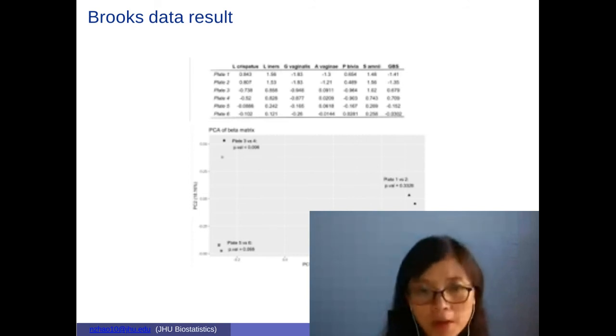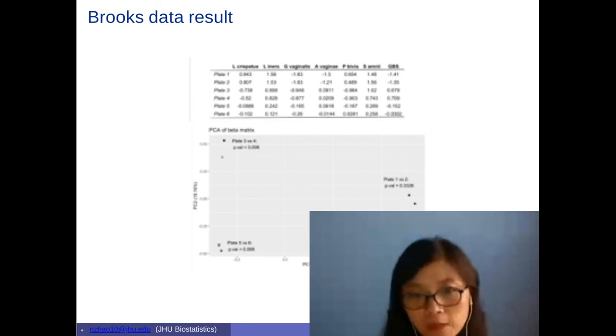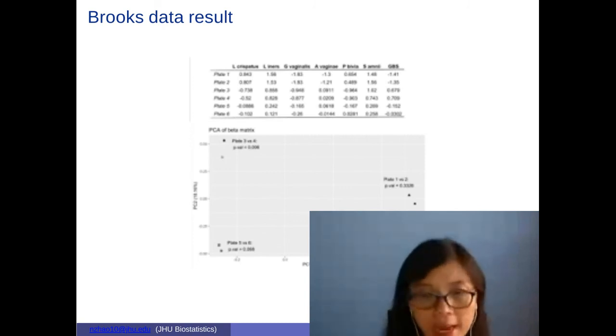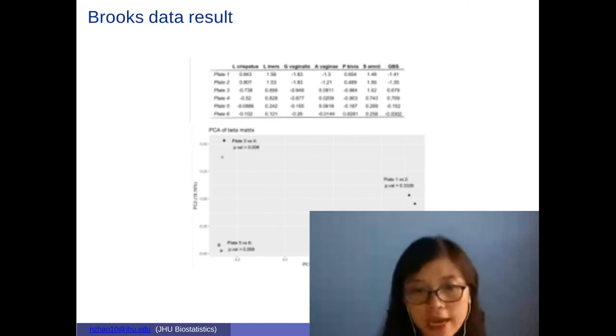And when we plot them in the principal component analysis, you can think of it as plates that are closer together being more similar with respect to their beta estimate. And we do see that plate 1 and plate 2 are similar, plate 3 and plate 4 are similar, plate 5 and 6 are similar. We initially did not know why this is the case, so we looked back to the original data and asked the persons who generated this data set.